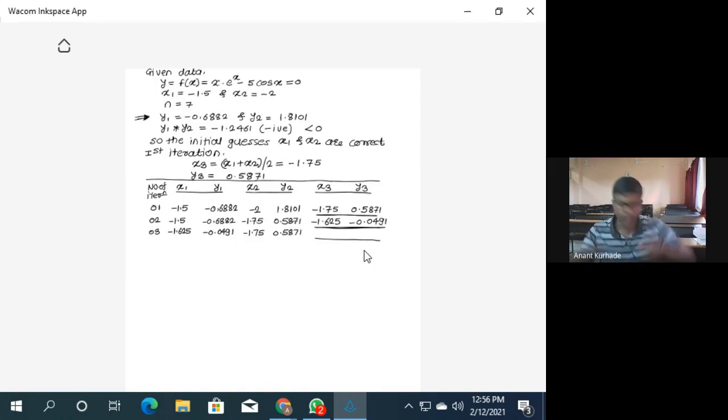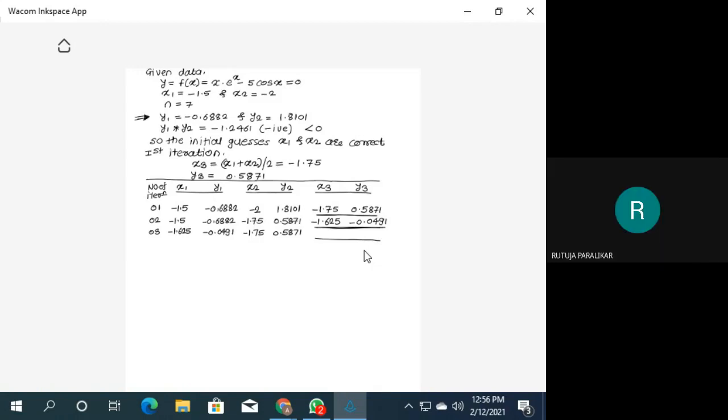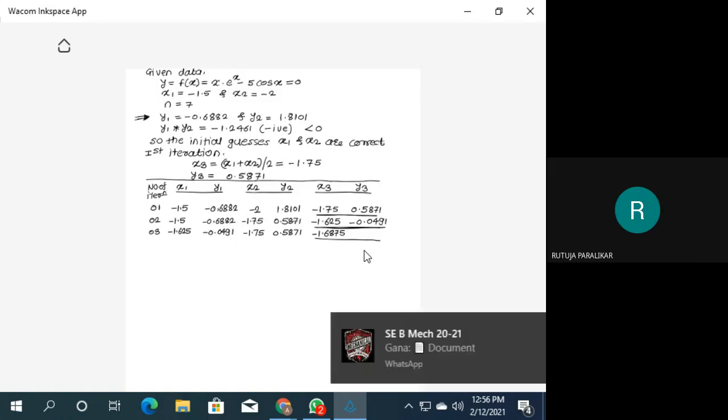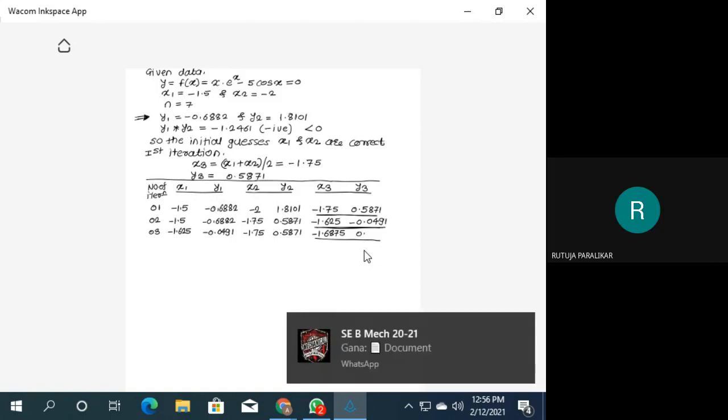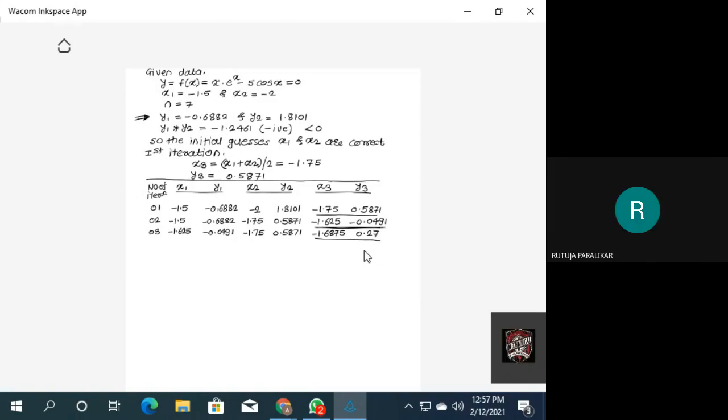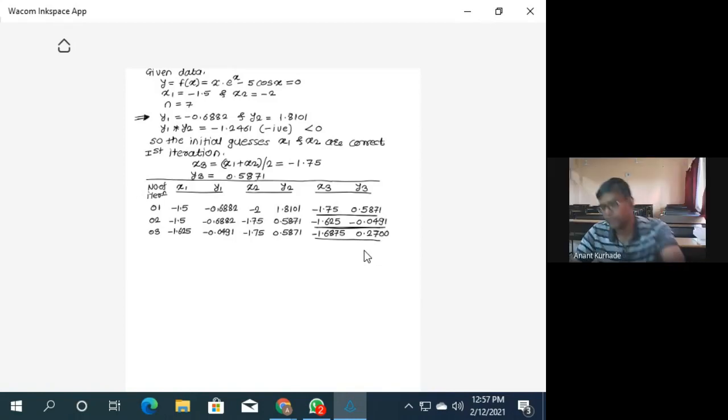Now tell me what is x3? Minus 1.6875. Immediately find out y3. Y3 is 0.2700. Now again focus on the sign of y3 in iteration number 3.